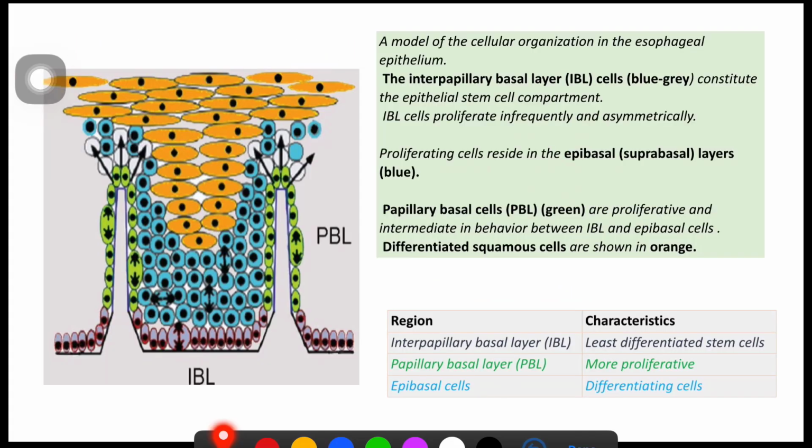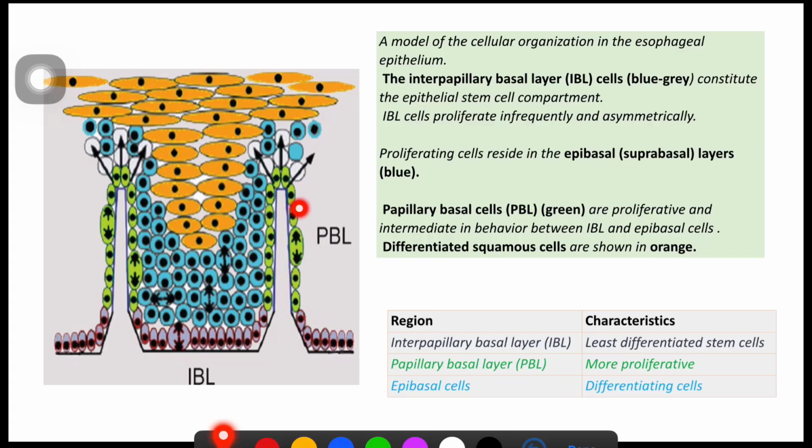Let us see, this is the interpapillary basal layer, in the blue-gray stained cells here. This is the epibasal layer, the suprabasal layer, and here is the papillary basal layer.